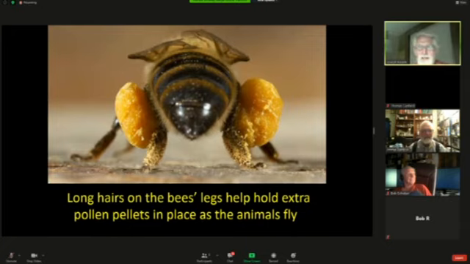So here you see these extremely stuffed pollen sacs on the hind legs there, as well as those hairs able to carry even more pollen that were not combed out as the animals fly. So you can see this critter is pretty heavily laden down here with the pollen.